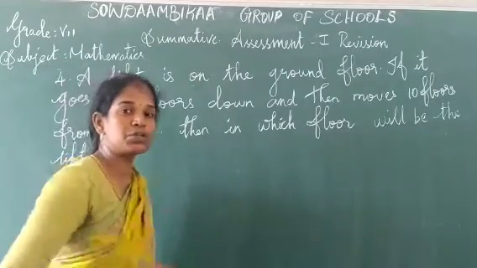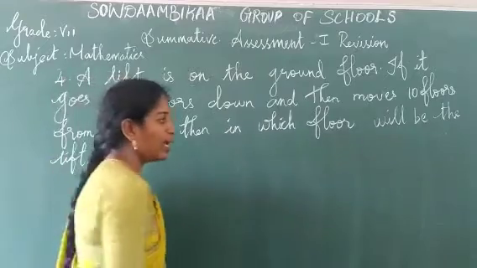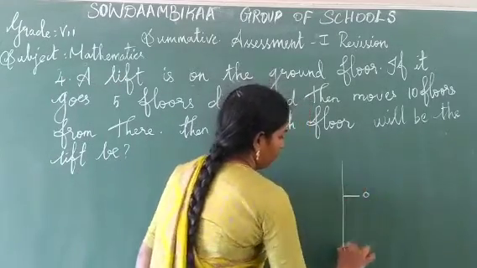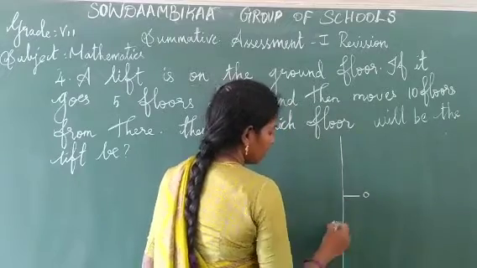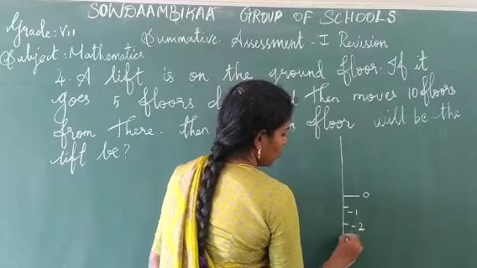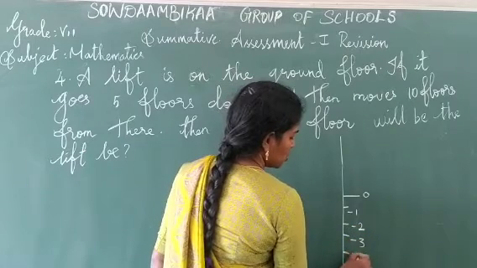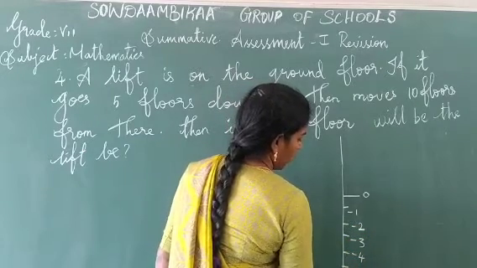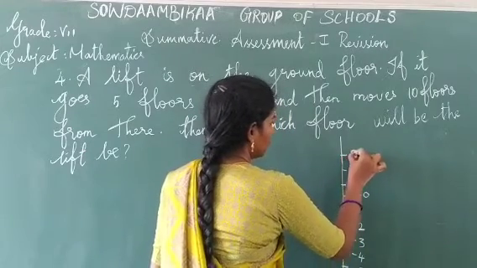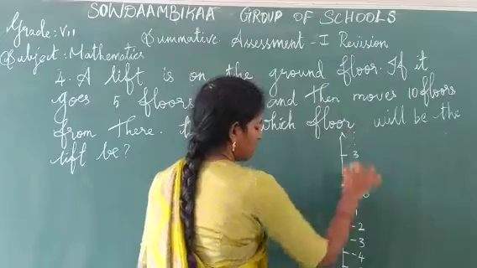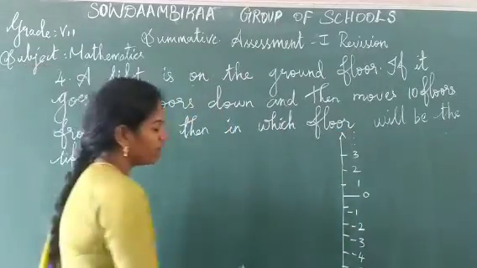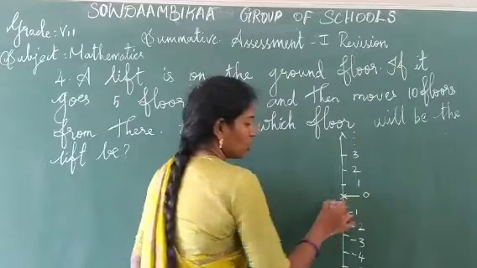You should remember the number line. The number line starts at 0. Downward means -1, -2, -3, -4, -5. Upward means 1, 2, 3, and so on. We move on both sides. The starting position we have to remember is 0.